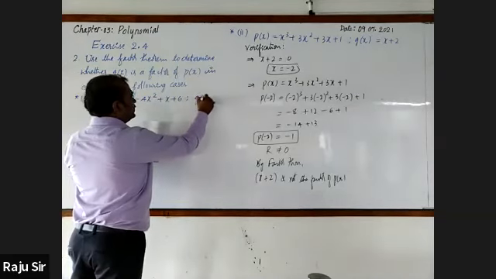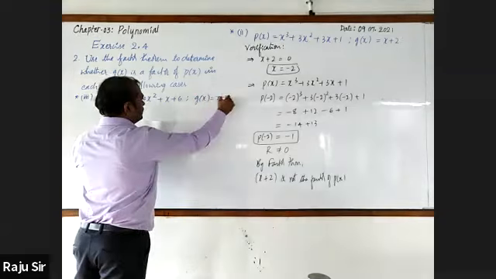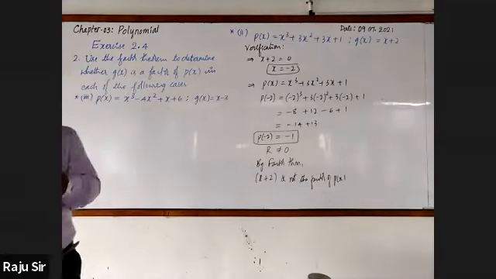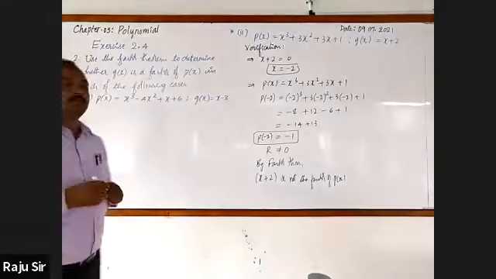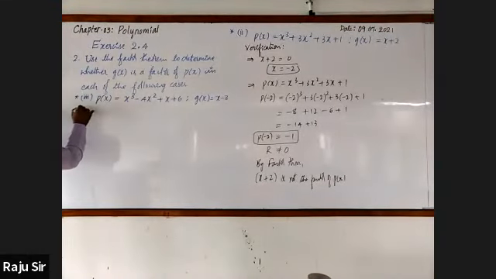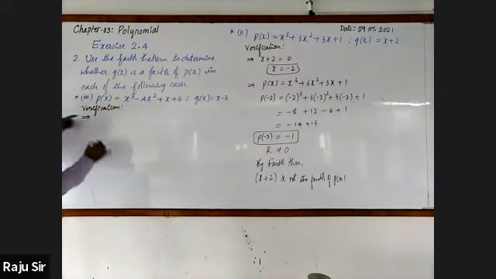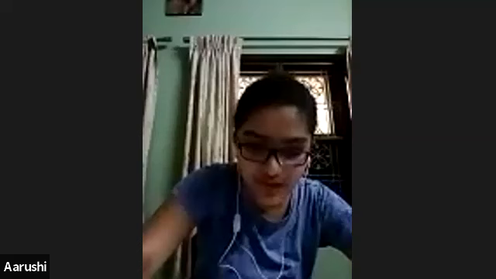And G of x is x minus 3. Verification. G of x is x minus 3. Its zero: it is a factor.